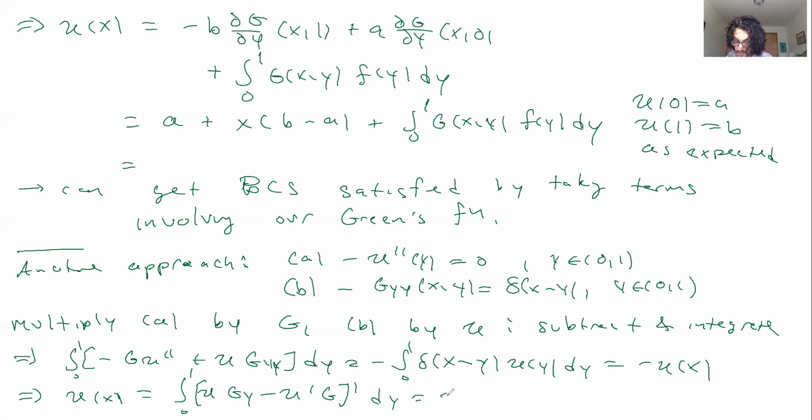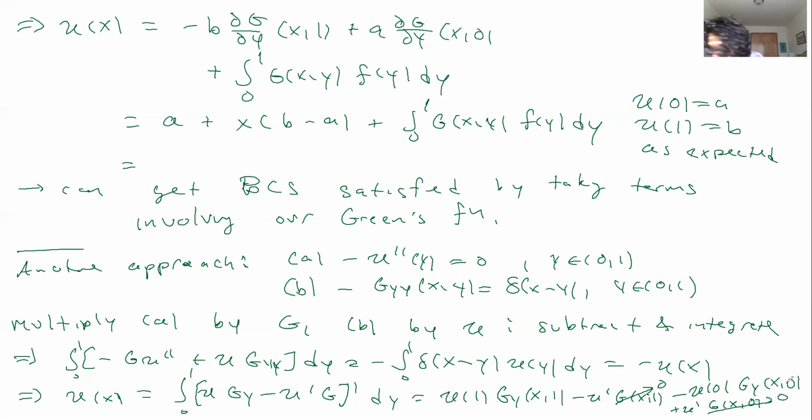But then by fundamental theorem of calculus, we can write this out as u(1) g_y(x,1), minus u'(1) g(x,1). But remember, this is just going to be 0, okay, minus u(0) g_y(x,0), plus u'(0) g(x,0), right? Which this thing is going to be 0 right there, okay?